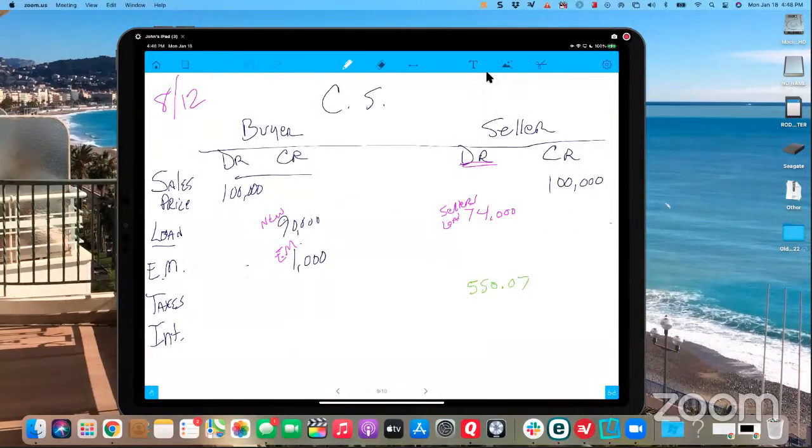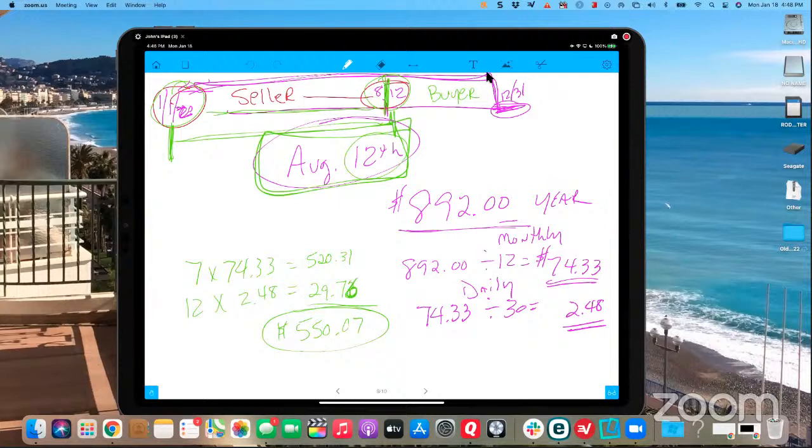And we're going to turn around and give a credit to the buyer. And then at the end of the year, the buyer will pay the entire tax bill of $892.